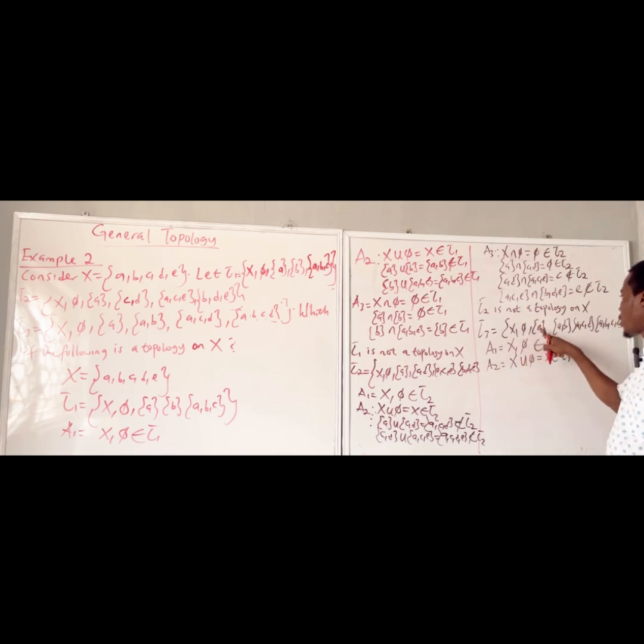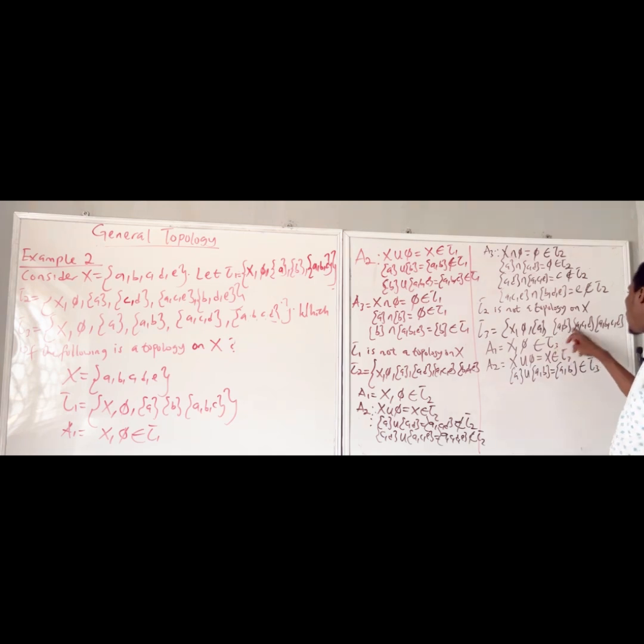So we now find A and B. A union AB, we are going to have what? AB. The elements that are present in A as well as in B. So AB. Can we find AB here? Yes. AB is a member of Tau 3.